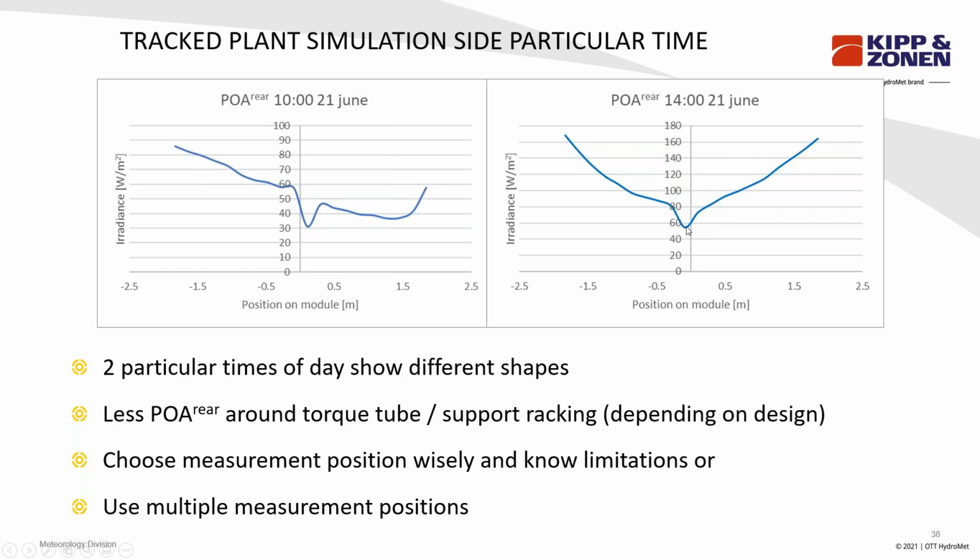But because of that, it is pretty difficult to position a pyranometer in such a place that you always measure the average irradiance. You would be underestimating if you place it here and overestimating if you place it there. So if you choose one position, it would be good to know this limitation, but our advice is to use multiple measurement positions.